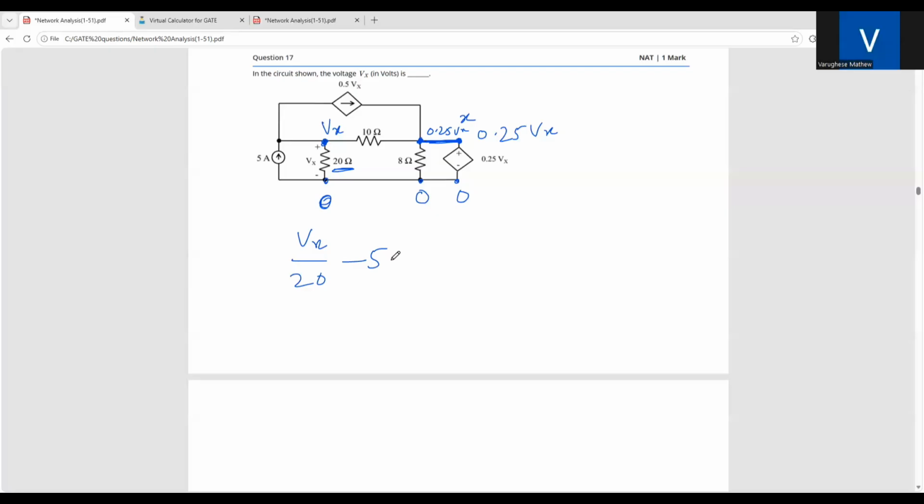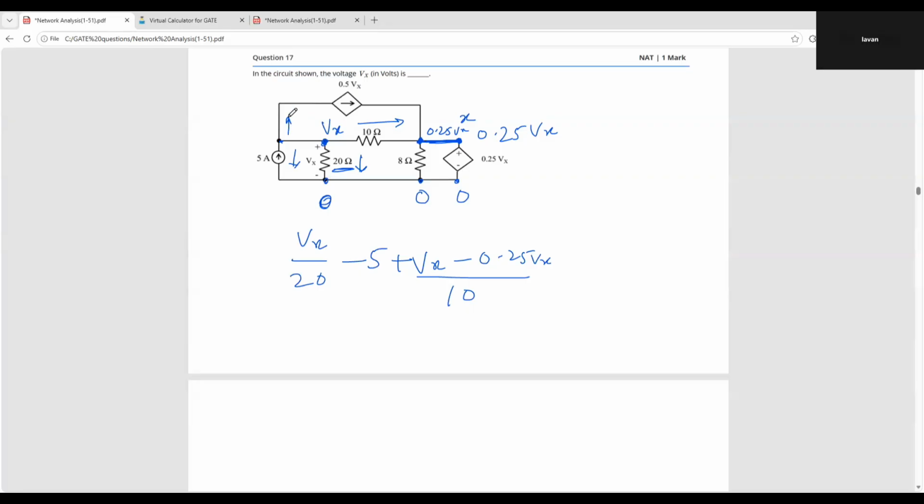Why minus? It's going out of this point, no?